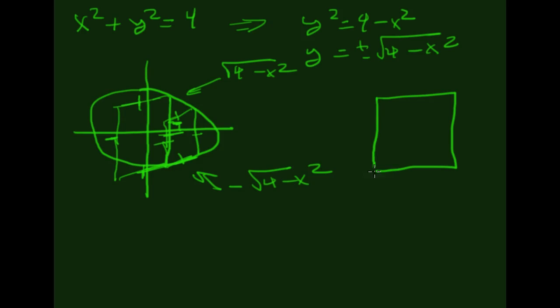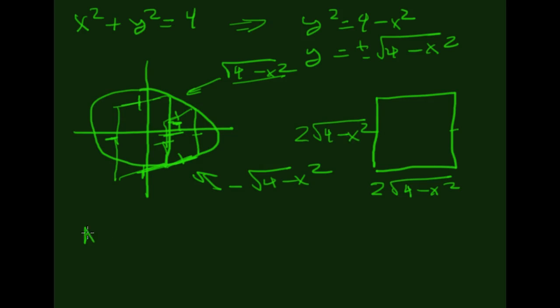So the area of that square, well, if I look at this, going from here to the end is 4 minus x squared, and going from here to the end is 4 minus x squared, which means the length of the side of this square is 2 times the square root of 4 minus x squared. And since it's a square, this is 2 times the square root of 4 minus x squared, right?